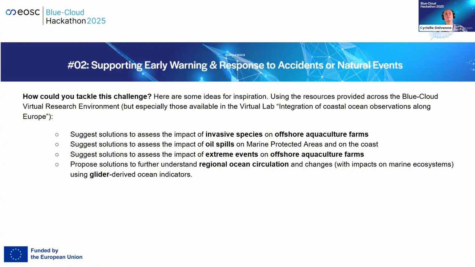And it can be going to either an offshore aquaculture farm or an MPA, and then you can see what the impact of that is in that area and really measure how long it will take for them to get there and what would be the impact once it's inside the MPA, or how it will impact the native species, etc.